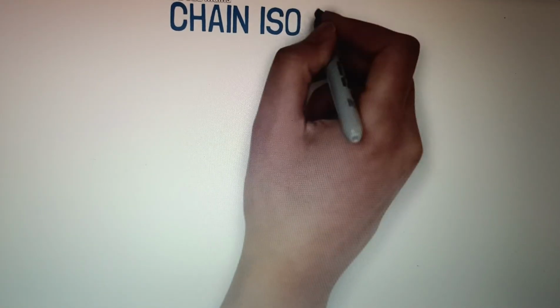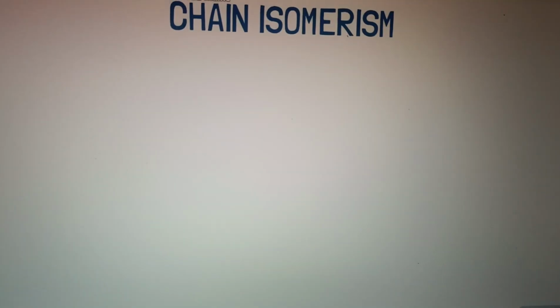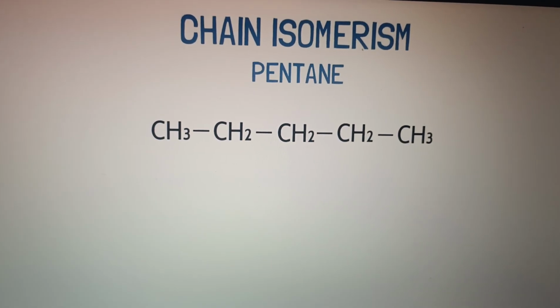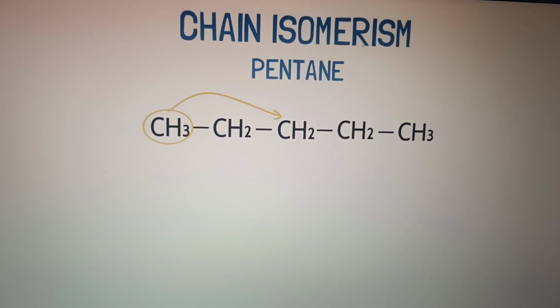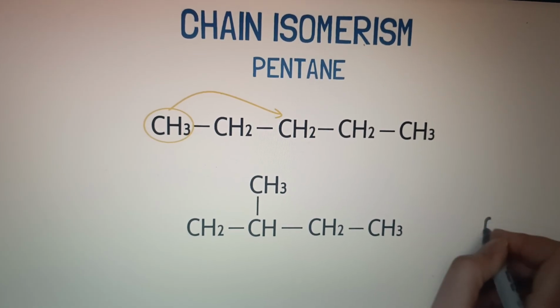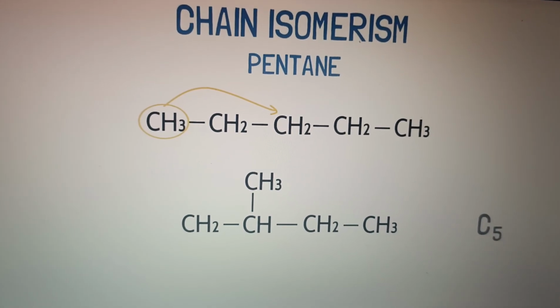So the first one is chain isomerism of pentane. Let's draw the structure of pentane. Then take one carbon and shift it to another carbon. Then it will form this structure.